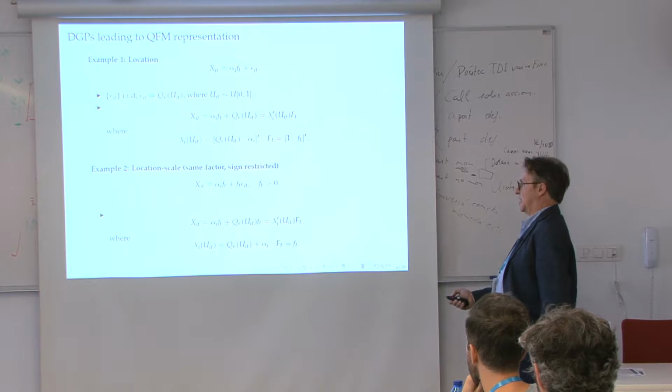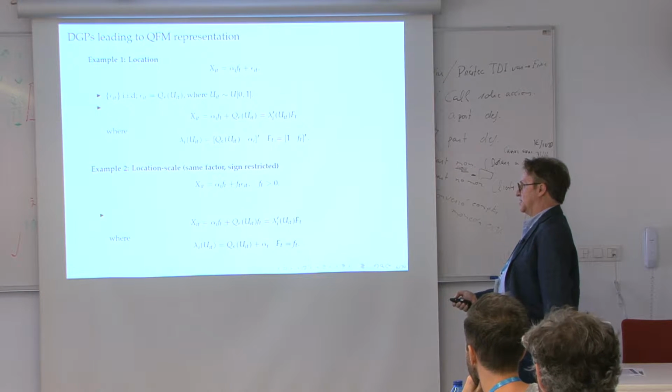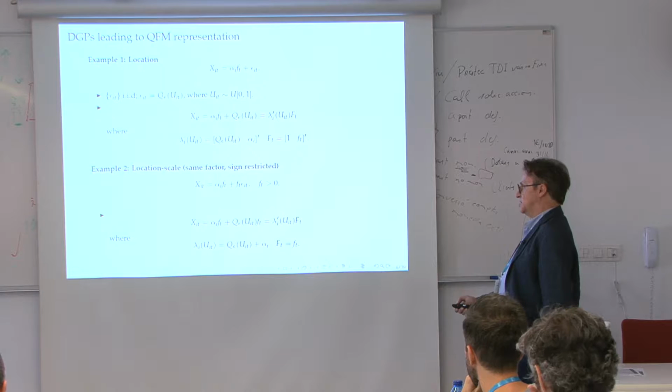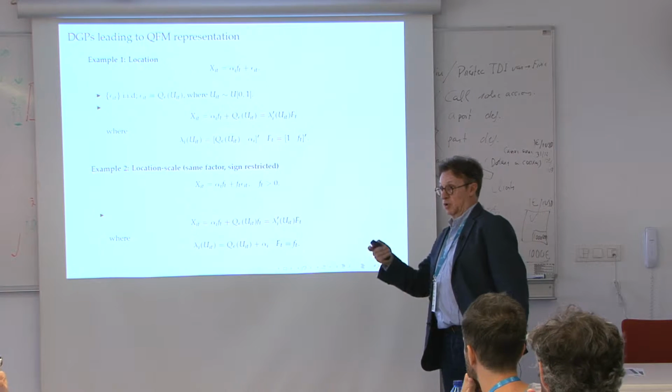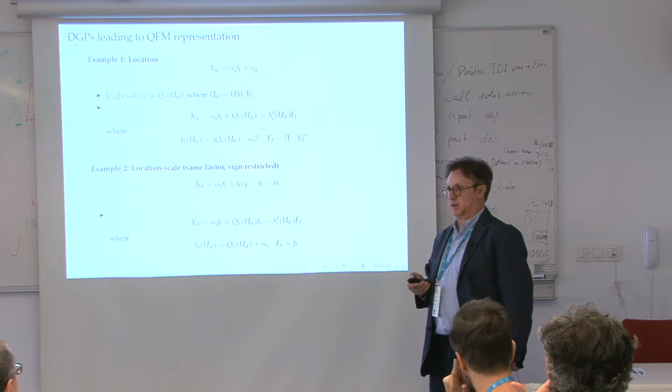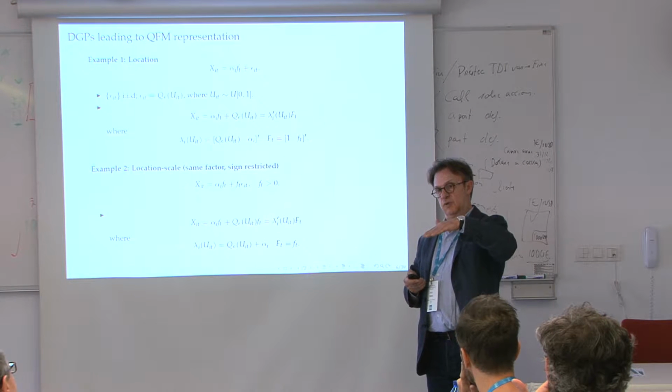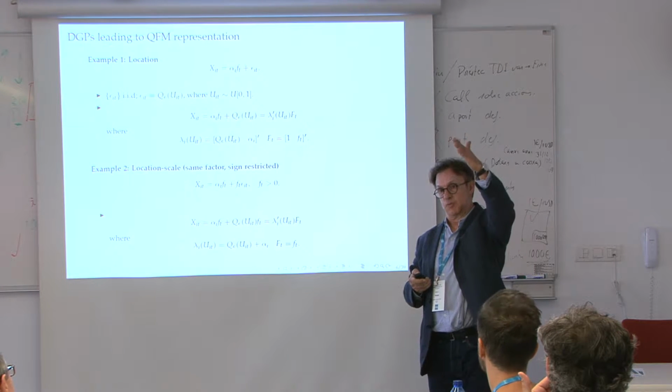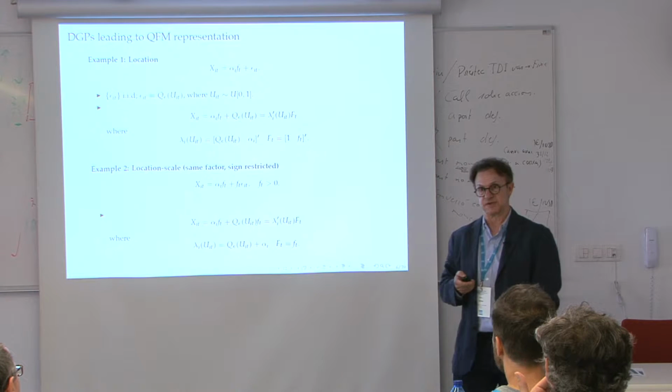So in this particular case, as is well known also from heteroscedastic models, the quantile regression will have variation in the slopes rather than in the intercepts.